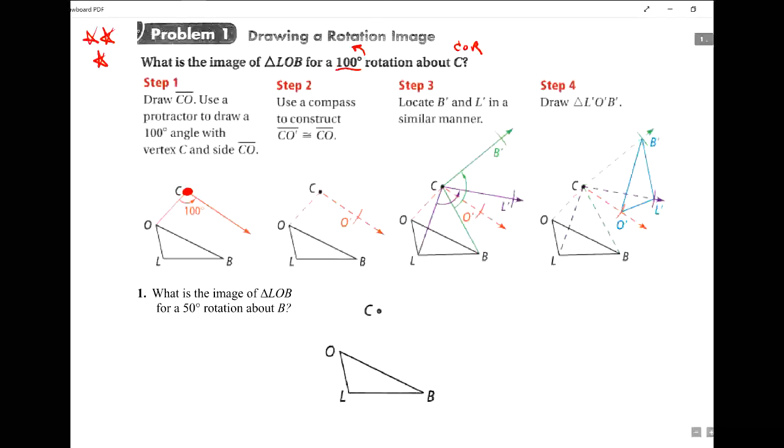And the first thing we're going to do is draw a line from our center to a point, and we are just starting on point O here. I do this one in red, so we'll do this one in red. So we draw a line to point O, and then we take our protractor and we measure 100 degrees.